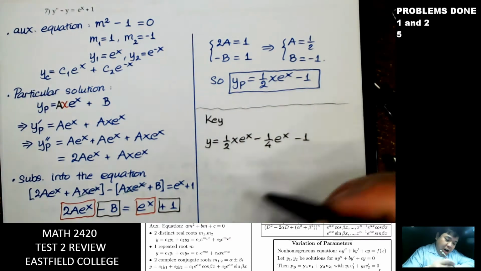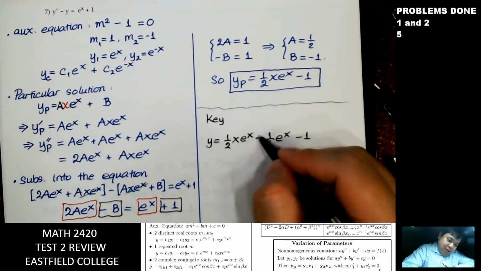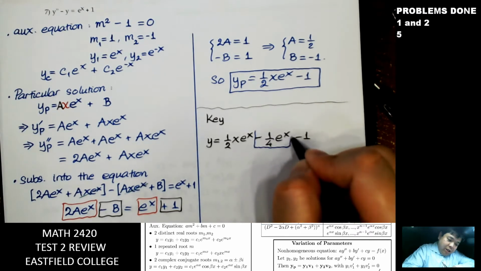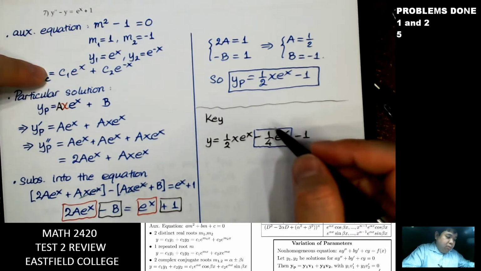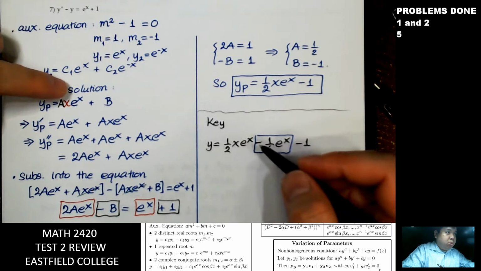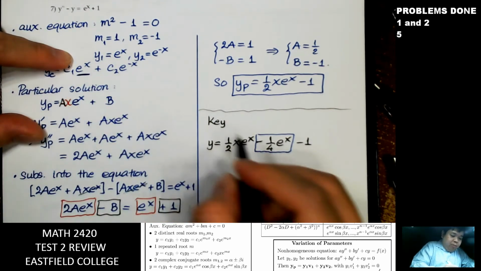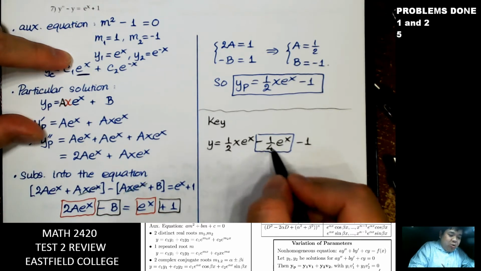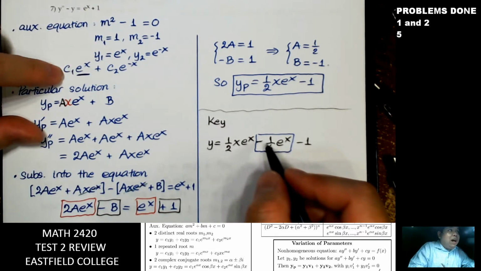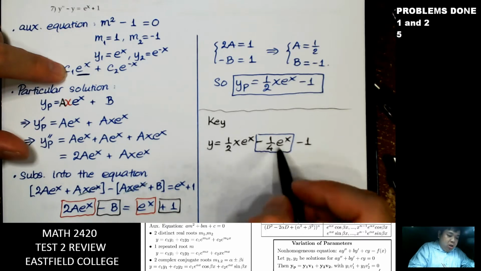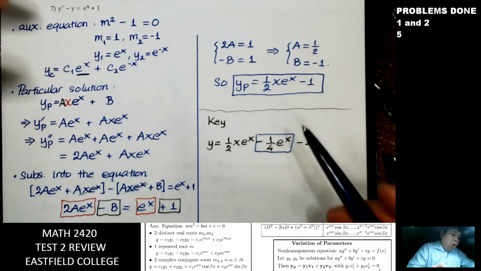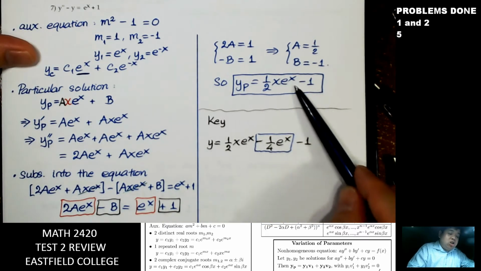Notice that this term is not necessary simply because in the complementary solution we already have the e to the x, which is with an extra -1/4. We just add to this, so that's just a constant. So that term is not necessary. All we need for the particular solution is just that.